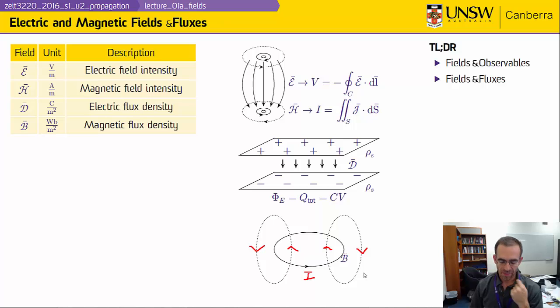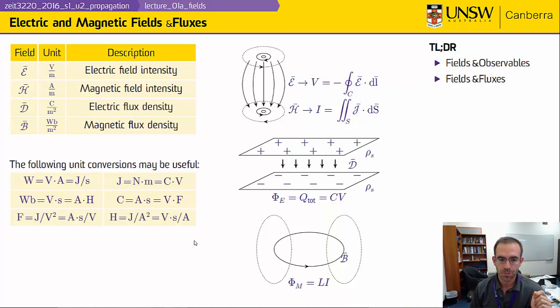Those are my magnetic fields. And if I take the integral of B dot dA inside the loop, that's going to give me the magnetic flux. And that magnetic flux is equal to the inductance of the element times the current that's flowing in the element.